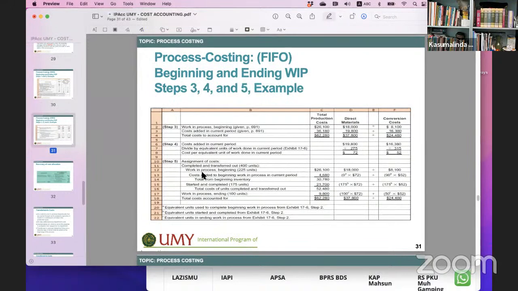If we look one by one, first is completed and transferred out from the beginning work in process.